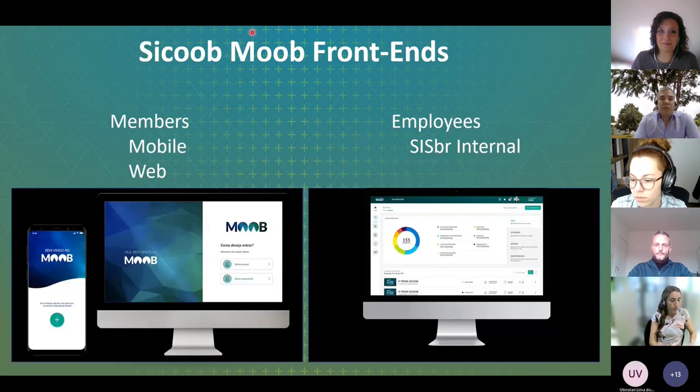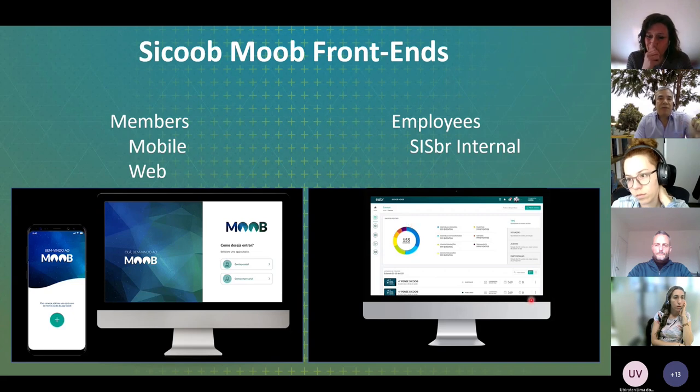When we talk about Sicoob Moob, we have some front ends. Sicoob Moob has 3 front ends. 2 front ends for members: Android and iOS mobile application, and a web application. And we have 1 front end for credit union employees, which is a module inside the CIBP core banking application.